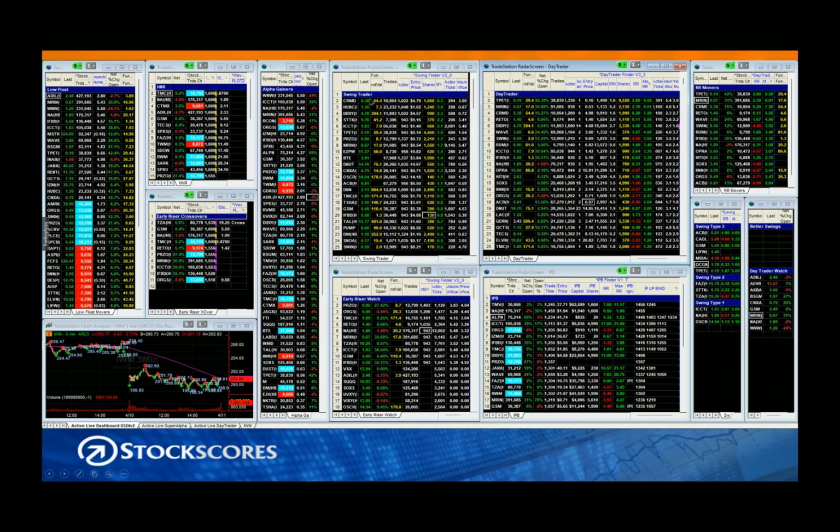So for example, CRMD gave a swing trade alert at 10:22 this morning. And by the end of the day, it was up 8 times its risk. So that means for every $100 risked, it made $830. Now, if you look at the times, you can see most of them are in the first hour. This is Eastern time.